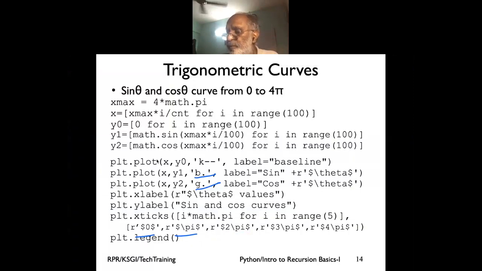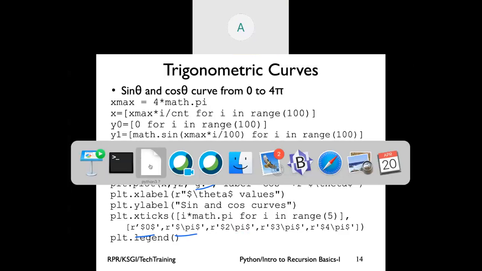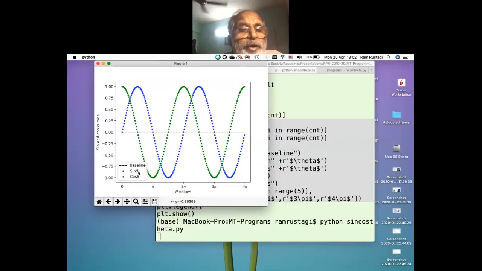Could you just explain to me what the dollar sign is used for? Okay, let me go to the graph. Look, I want to get the symbol theta. There is no symbol defined in the English language called theta. It's a Greek symbol, a mathematical symbol. Similarly, pi is a mathematical symbol. So how do I get these mathematical symbols in my graph?